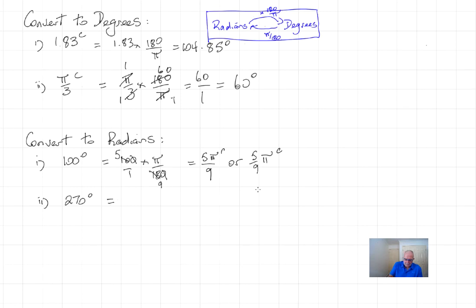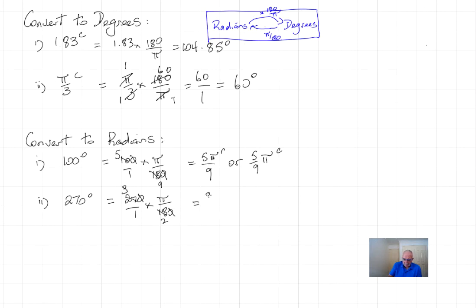270, we know we're going from degrees to radians, so multiply by pi over 180. So we've got 270 on 1 times pi over 180. We'll look to see if anything cancels. Once again, 10 is going to go into both. 3 will go into both, but something bigger than 3, 9 will go into both. 9 into 18 goes 2, 9 into 27 goes 3.